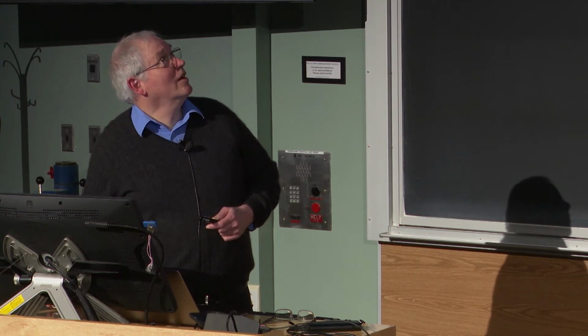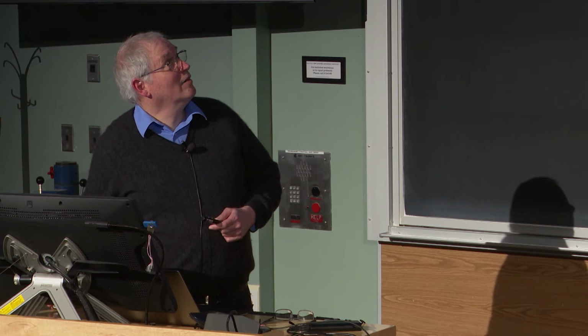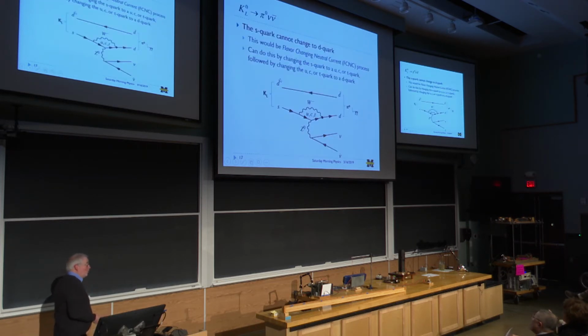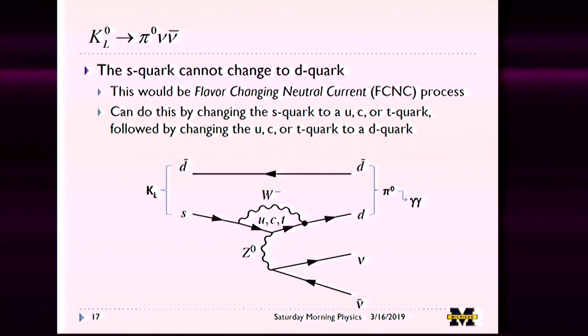And they operate on pairs, either electron and this neutrino, muon and this neutrino, tau and this neutrino, or this pair of quarks, this pair of quarks, and this pair of quarks. There's nothing that can change quarks along this line, or change from quarks to here. So the S quark can't change into a D quark. That would be going sideways in that diagram.